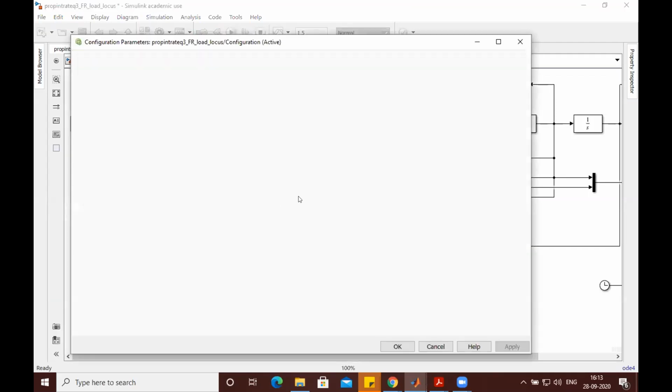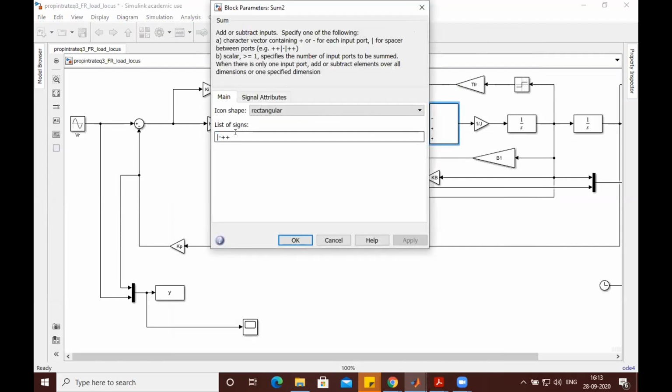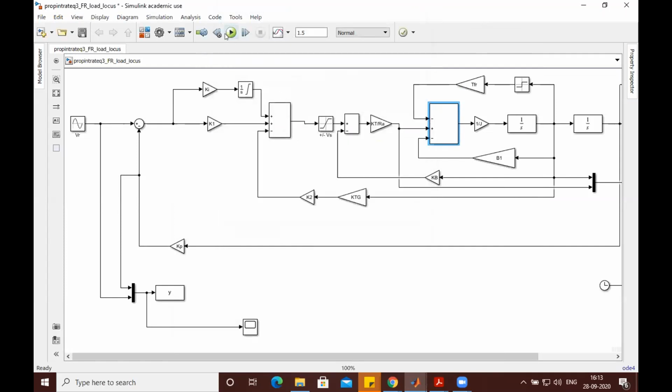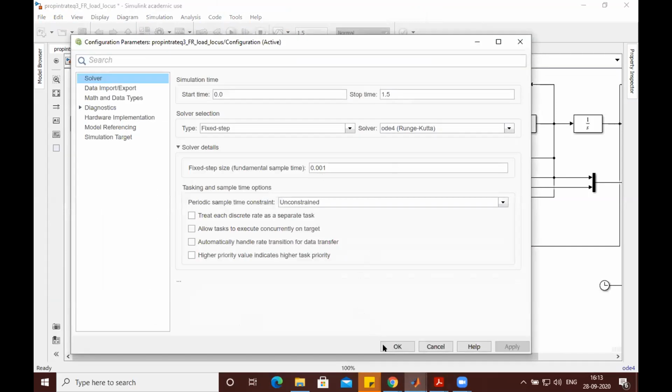Yeah, this B1 is in negative feedback only. Plus plus minus. Okay, now you run it. That is fine.